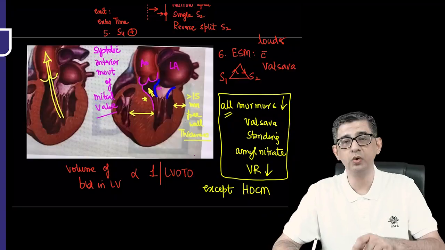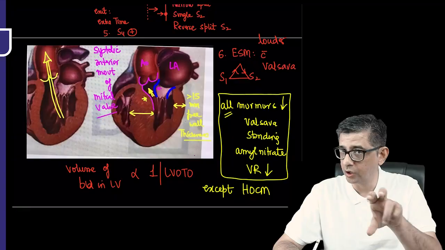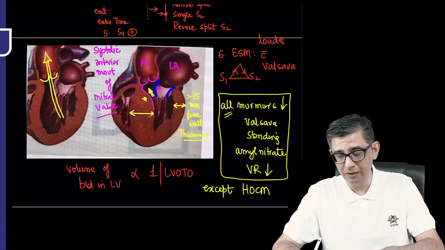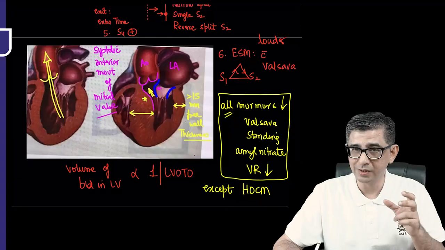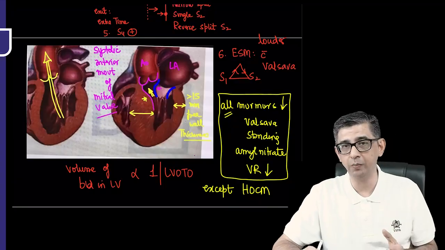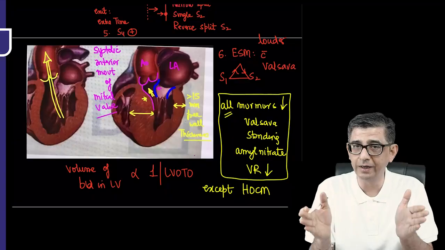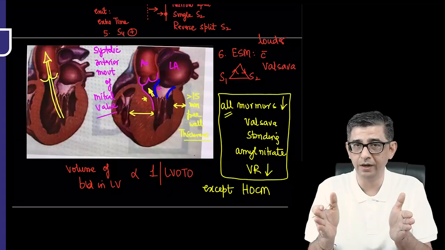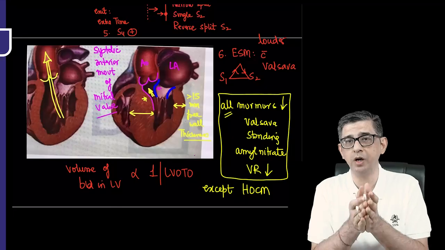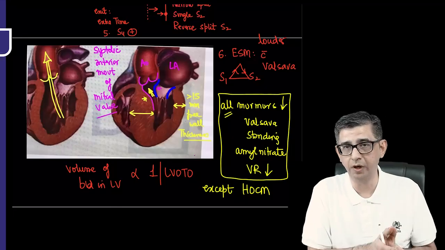The blue component is the systolic displacement of the mitral valve, and the purple that you can see is the asymmetrical septal hypertrophy. So if this tunnel gets dilated, then the turbulence will become lesser and the murmur will become softer.